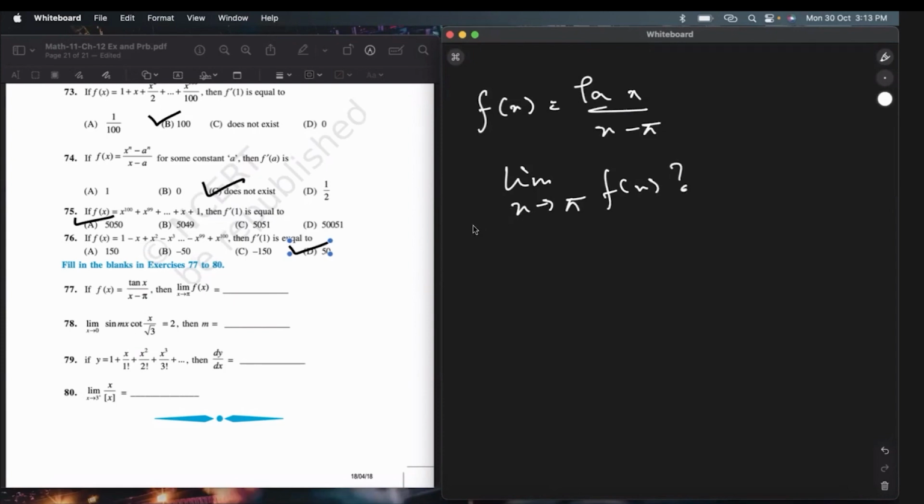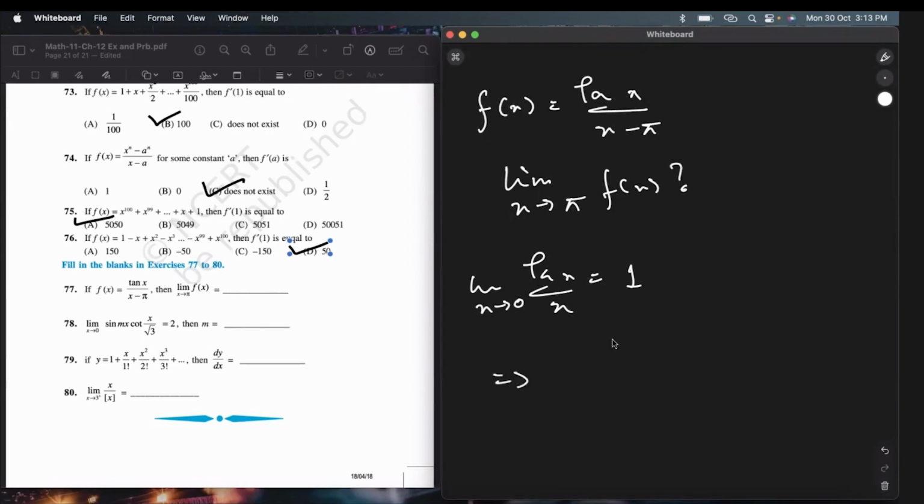So what I can do is think of the whole system as tan x by x, where the limit as x tends to 0 returns a value of 1. That will help me. But in order to make it like that, we have to change the tan, because in the denominator I have x minus pi. So what can I do?